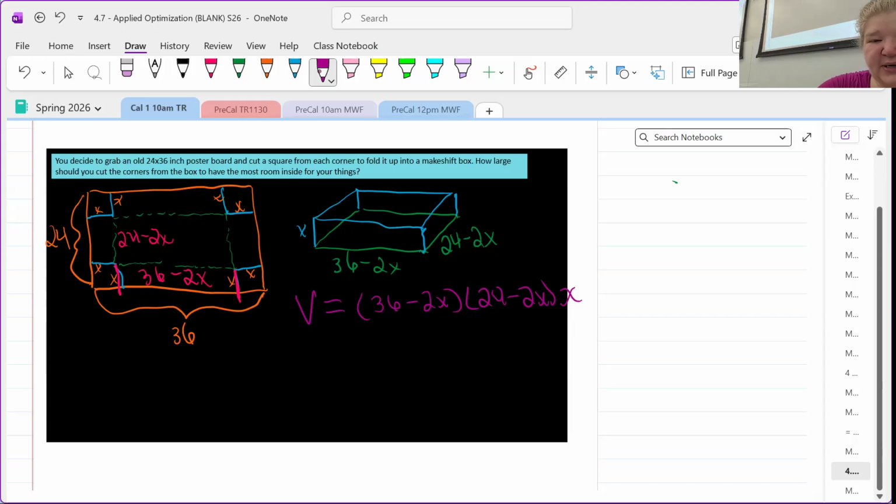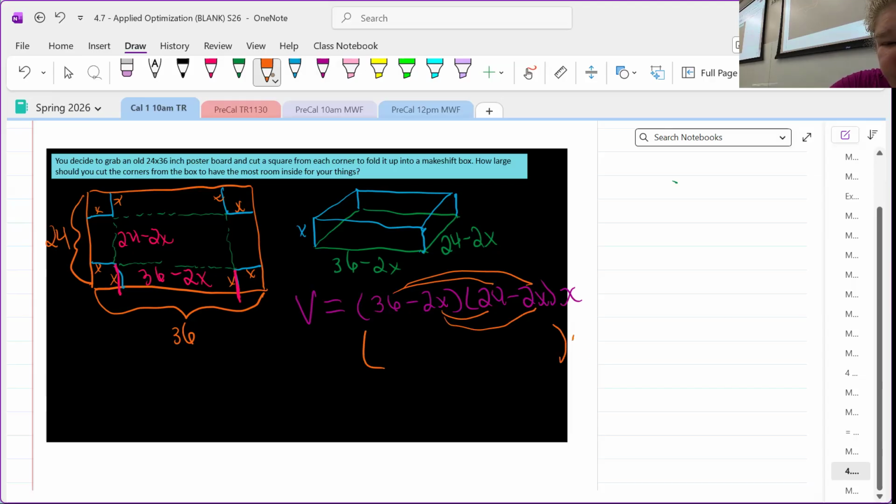So numbers are a little annoying here, but we're going to FOIL this whole thing out, and then we'll multiply everything by x. We could do a nested product rule, and if you want to do it that way just to be fancy, that's fine.